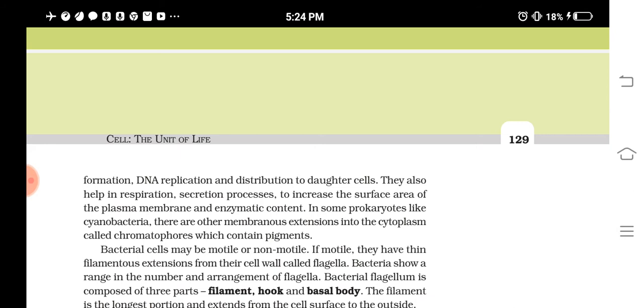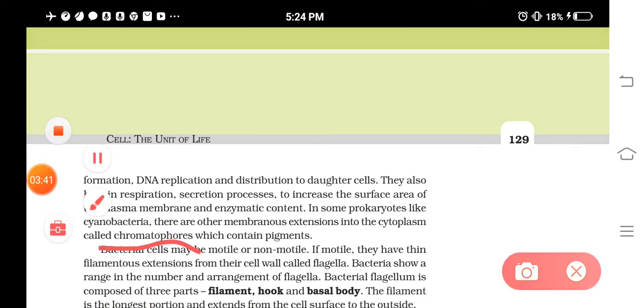Then in blue-green algae, have you heard about blue-green algae, which we studied in kingdom Monera? We have studied cyanobacteria, or blue-green algae. They have certain membranous extensions into the cytoplasm, known as chromatophores. What are they? Chromatophores. Where can you find them? In blue-green algae.